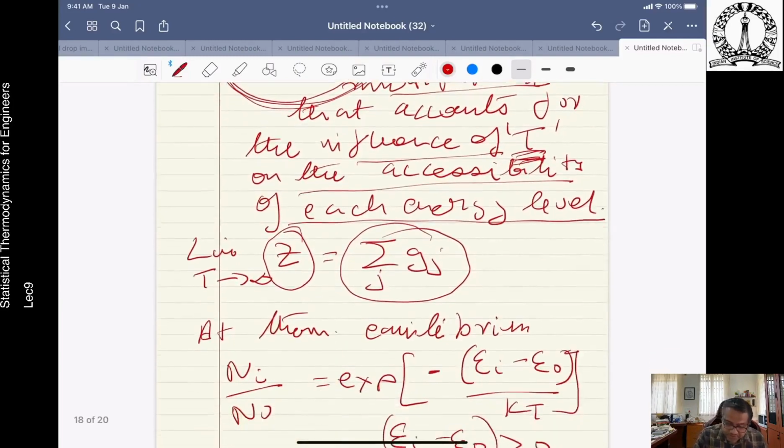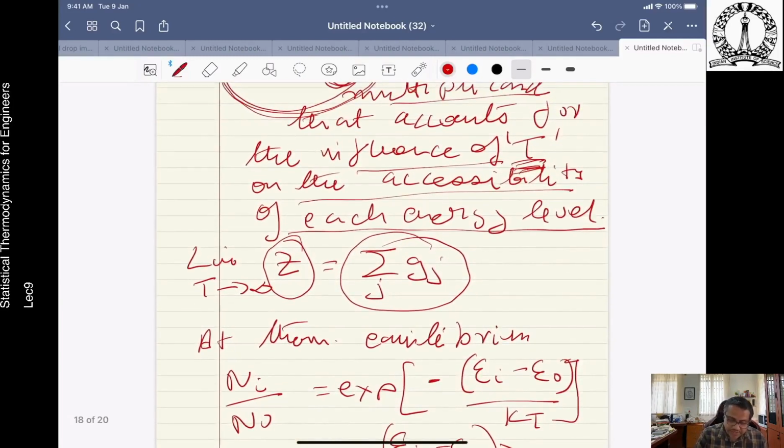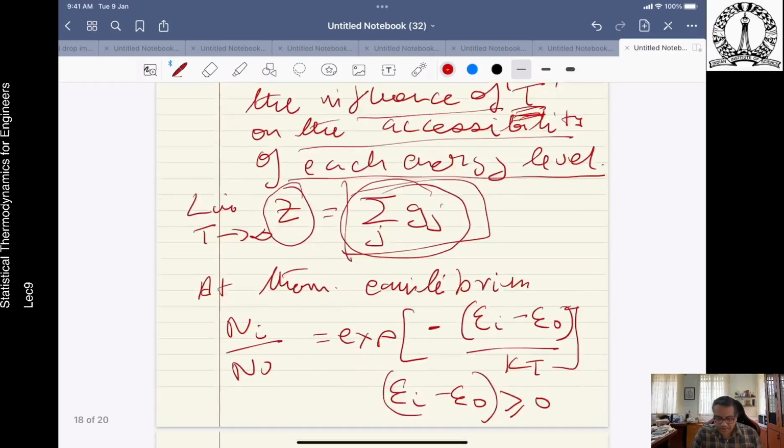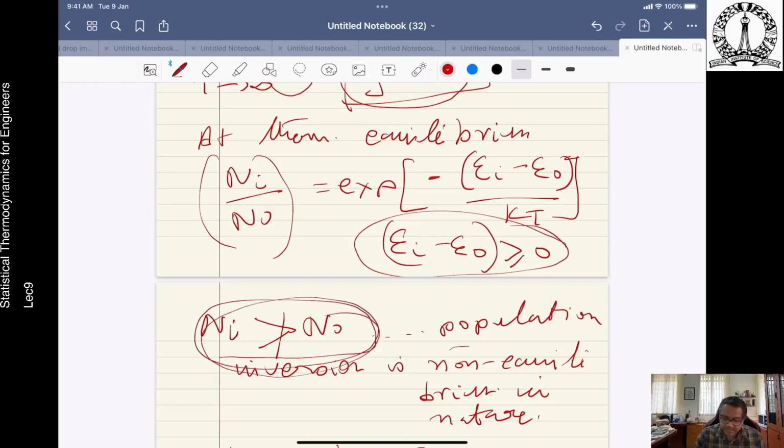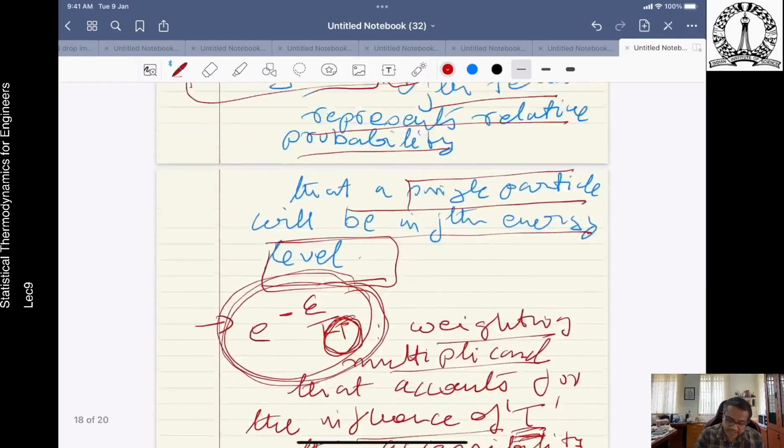At high temperature, this becomes just the sum total of the degeneracy. And you can see from this expression that Ni by N naught is always greater than 0, which proves that this cannot be valid. Therefore, population inversion is a non-equilibrium process in nature.